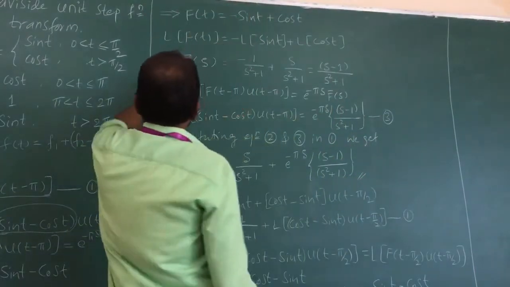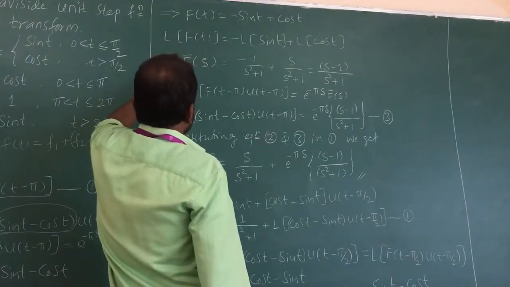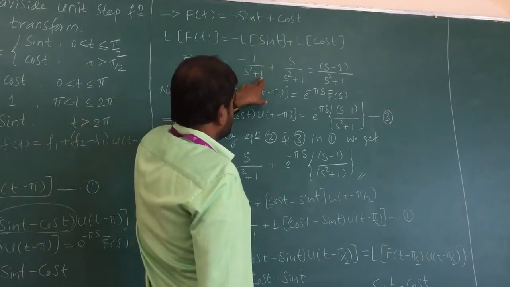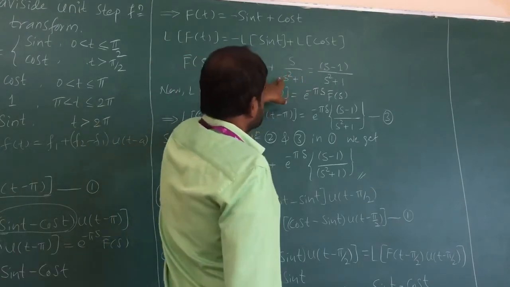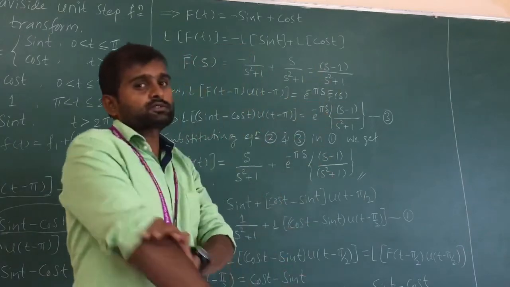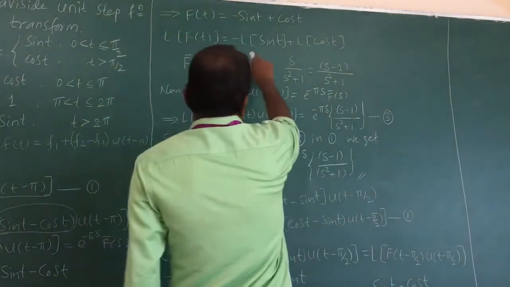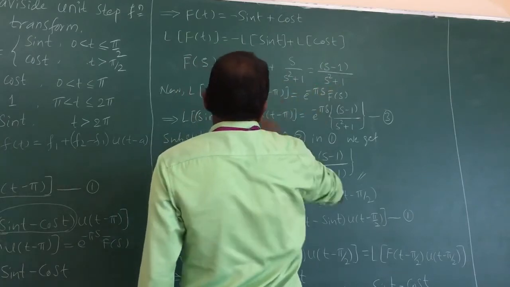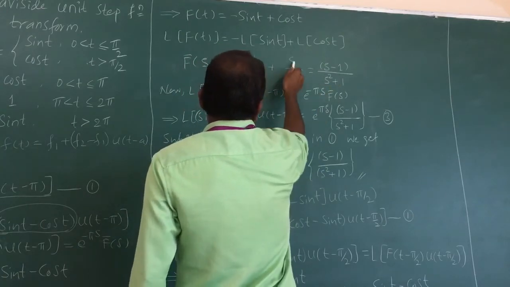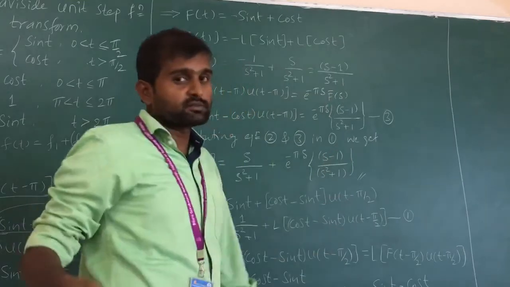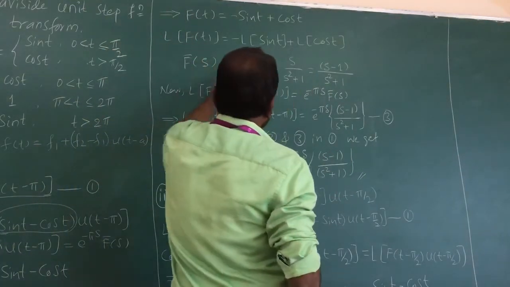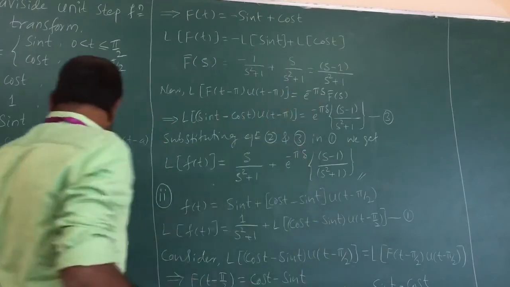So I am taking the conjugate of f of s equal to minus 1 by s square plus 1 plus this L of cos t, which is s by s square plus 1. Now simplify this. Take LCM, so LCM is s square plus 1. So minus 1 plus s, I can write s minus 1. Right?